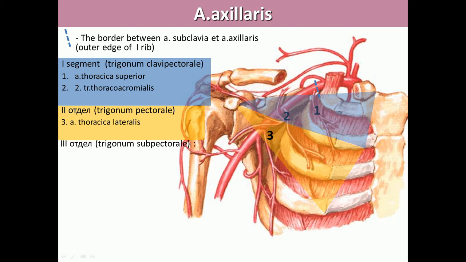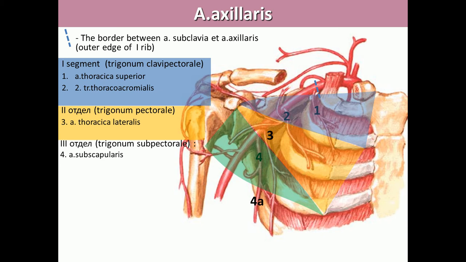And then segment number 3 is trigonum subpectorale. We shall colorize it with green color, and we shall find here 3 arteries. First of all, arteria subscapularis, number 4.